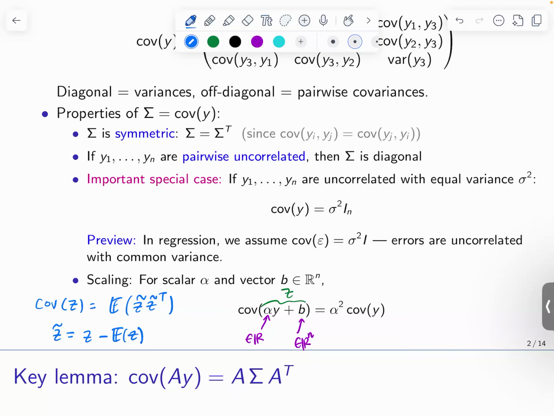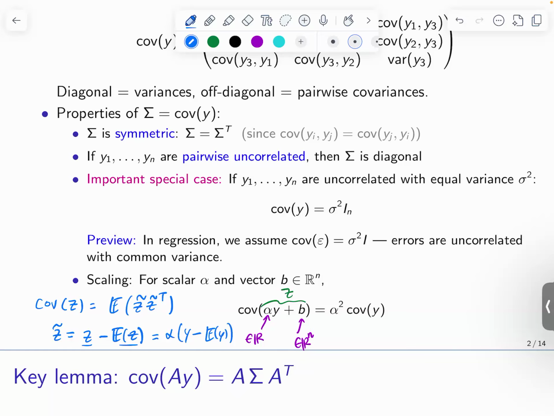That's what we did last time, or this is the basic definition of the covariance matrix. When I add the b, if you look at z and then the expectation of z, the b comes out of the expectation and gets canceled out. So this really would be alpha times y minus the expectation of y.